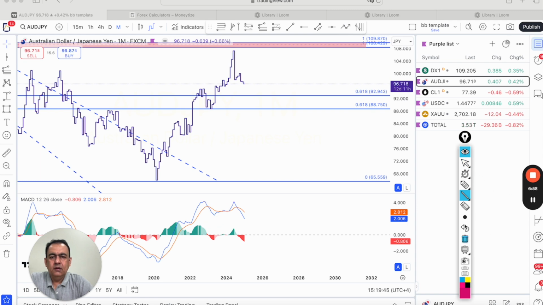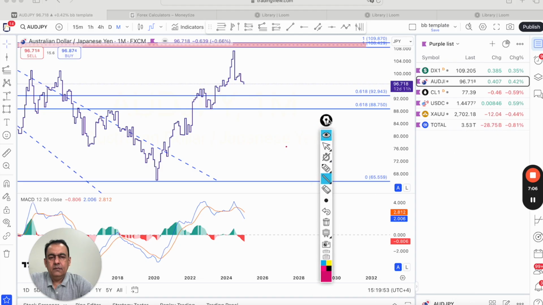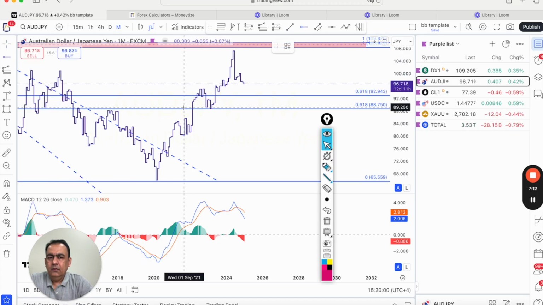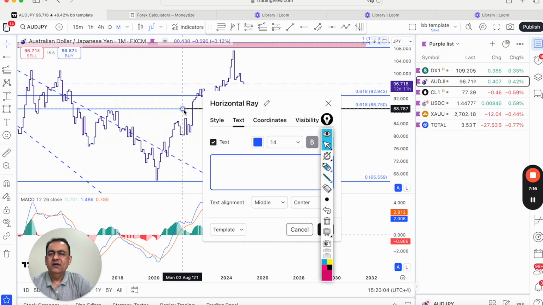So I'm gonna mark a horizontal line on the BOS level. So the black horizontal line represents the BOS level, which is not yet done.